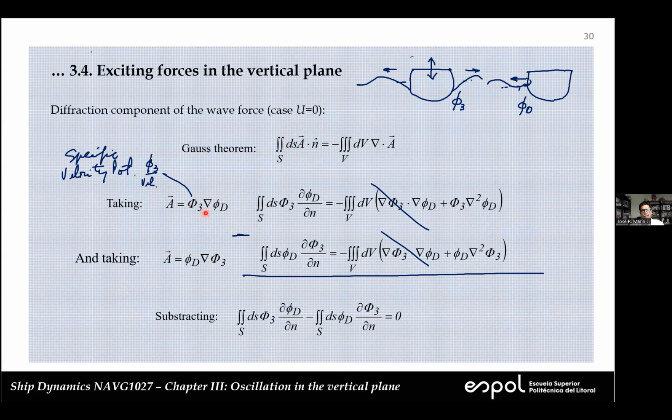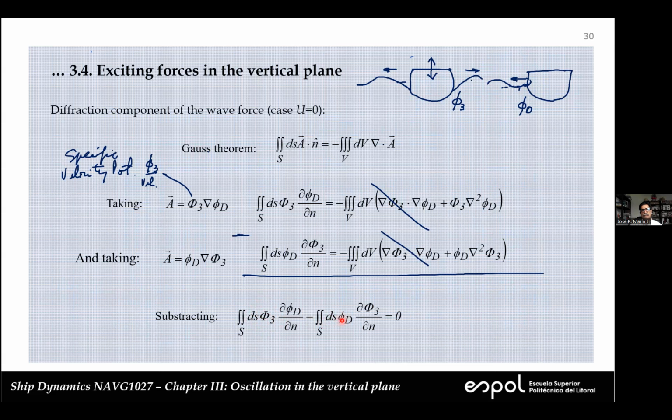Once you do this, you plug it in here. So we can take the difference between these two, this cancels, and the difference is equal to 0. Now, remember, phi3, this one here, is the velocity potential per unit velocity. So this we know.